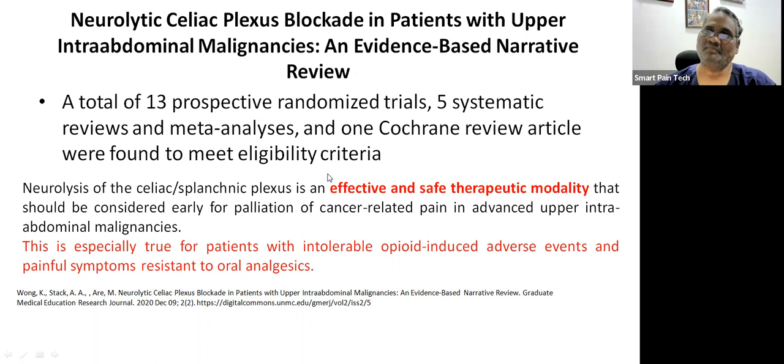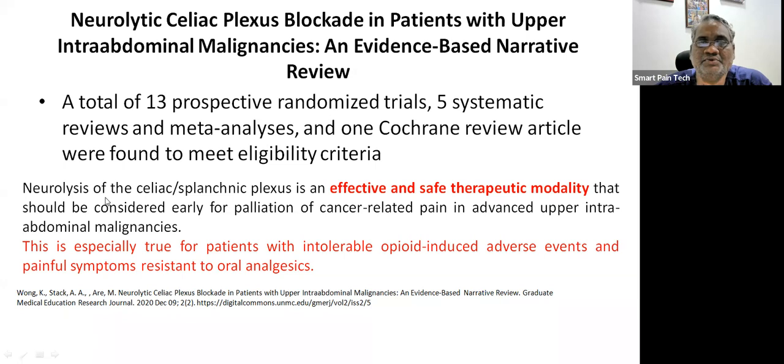So they did a literature search through PubMed, through Embase, and through Scholar, and they used the MeSH terms: celiac plexus block, intra-abdominal malignancies, CA pancreas, CA stomach, neurolytic celiac plexus block, only celiac plexus block, celiac plexus. So these were the terms which they used, and they could get only this much of the data.